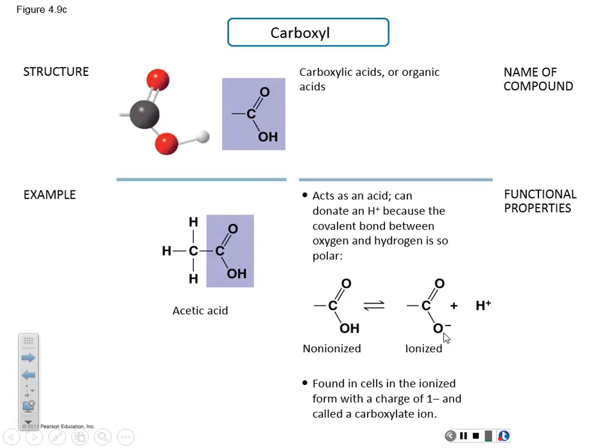So whereas with a carbonyl group or a hydroxyl group, we're talking about partial separations of charge, delta plus, delta minus, polar covalent bonds, here we're talking about an ionization. You've got a full positive charge and a full negative charge that have become physically separate from each other.